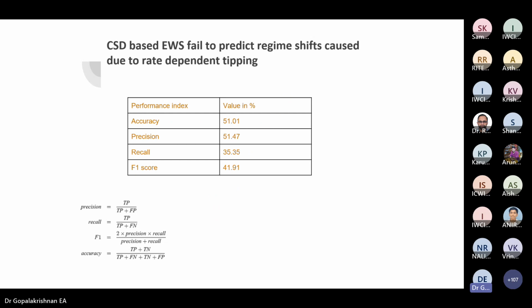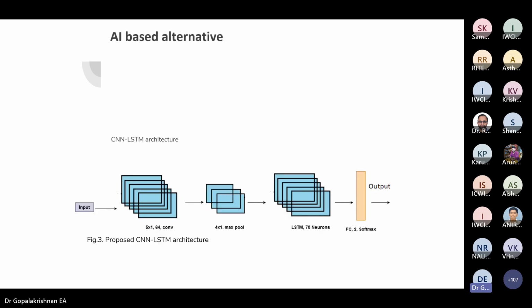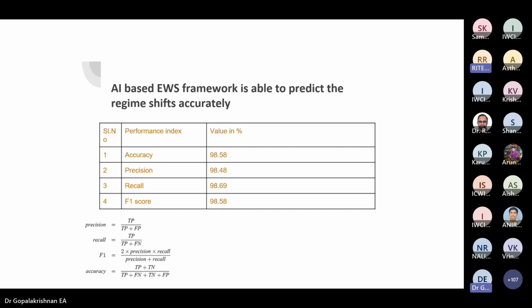So we did this in a canonical power system model, and we found that the efficacy of early warning signals based on critical slowing down is very low in predicting these rate dependent transitions. So here your ML or DL comes to your rescue, and we used the CNN-LSTM architecture, and we were able to achieve accuracies as high as 99%.